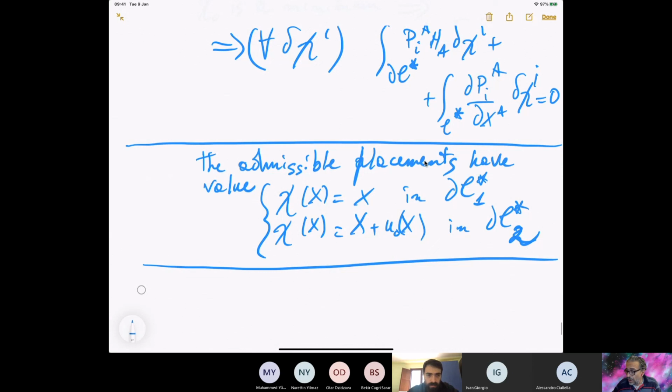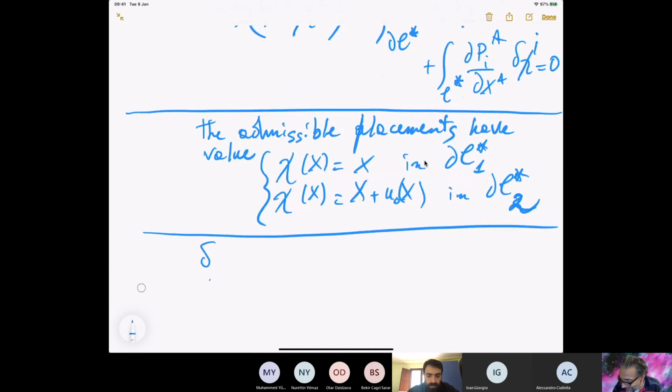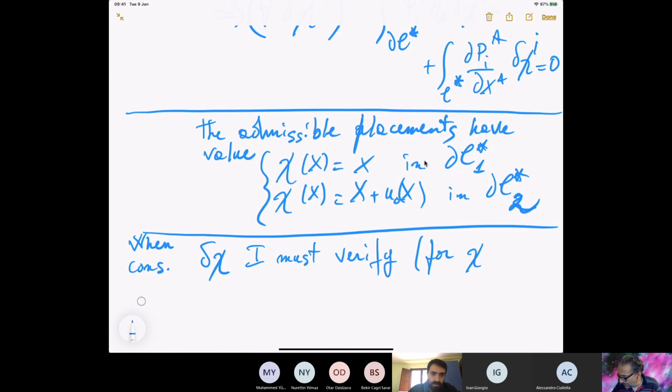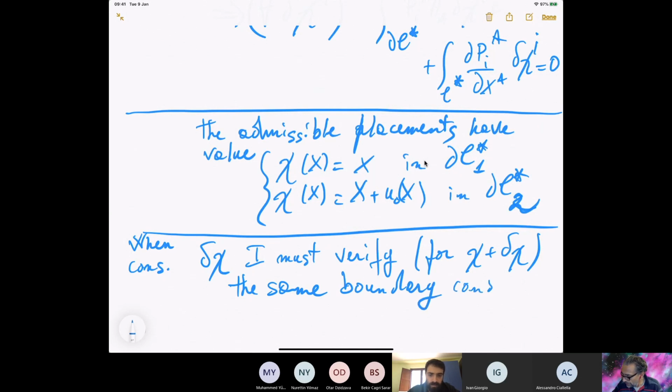So when considering delta chi, I must verify for chi plus delta chi the same boundary conditions.